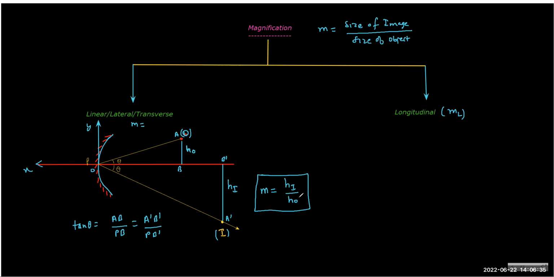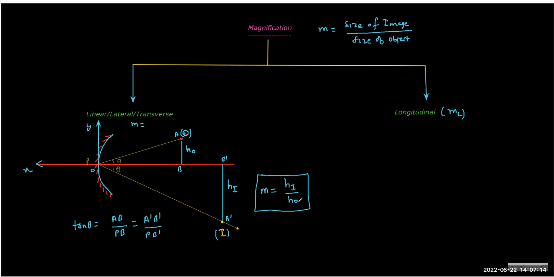It's always a positive value because magnification is a number, but it can come with sign plus or minus to interpret the nature of image, real or virtual. So what we come to know is that if a real object forms a real image, the magnification must be negative, because it will invert.